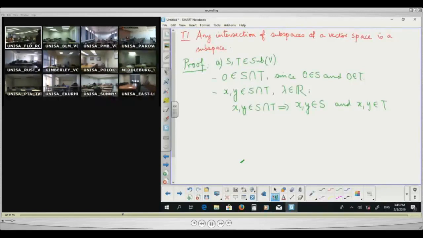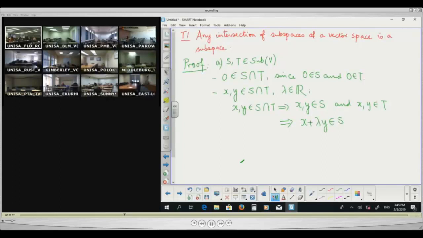So since S is a subspace, this means that x plus lambda times y is in S. And similarly in T. So this obviously tells me that x plus lambda times y is in S intersection T.